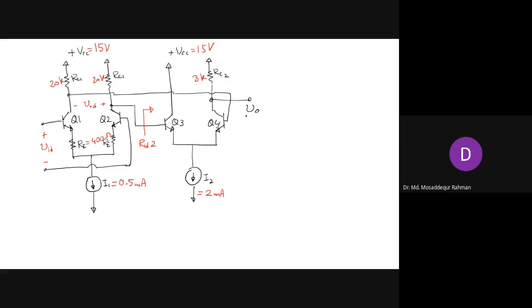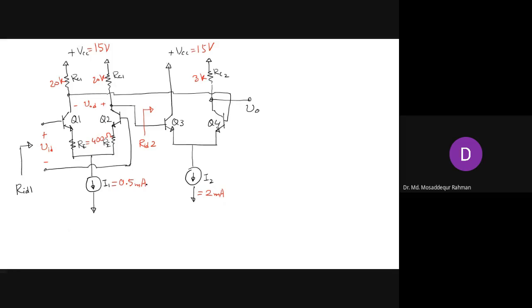We are taking the output here from the single node, the collector of Q4, and that is our input resistance RID1. You see that we have taken I1 as 1.5 milliampere and I2 as 2 milliampere.